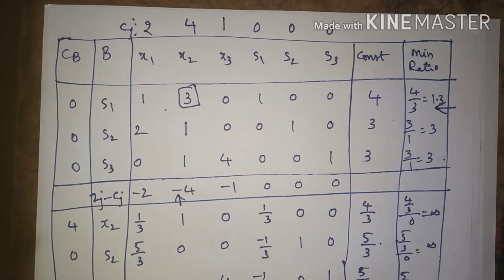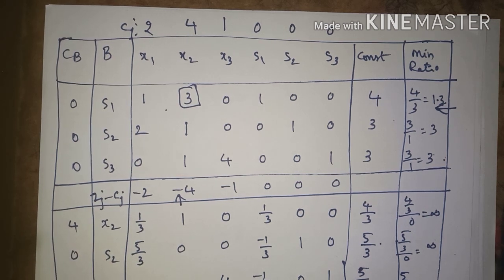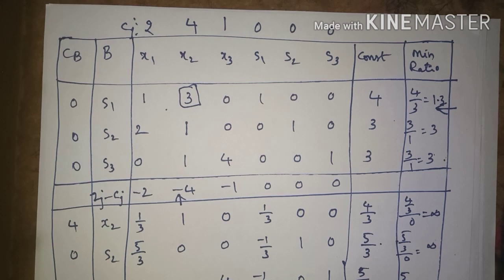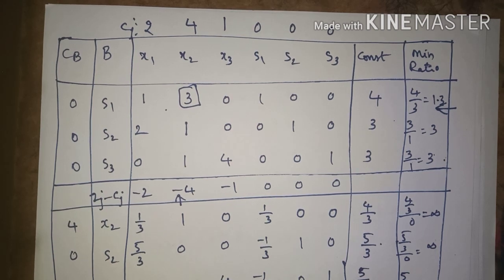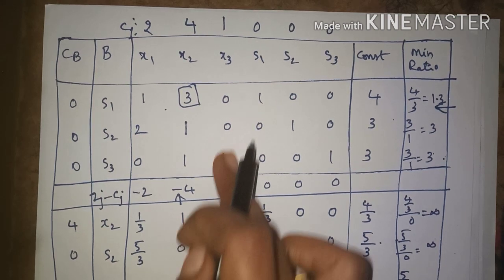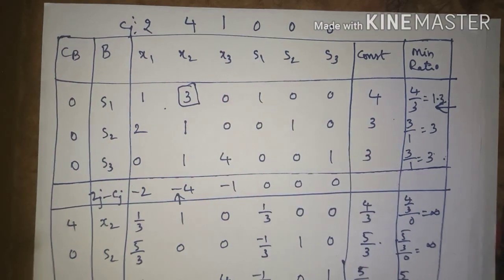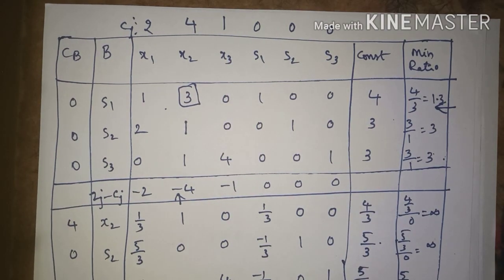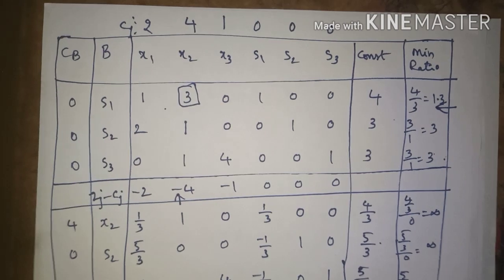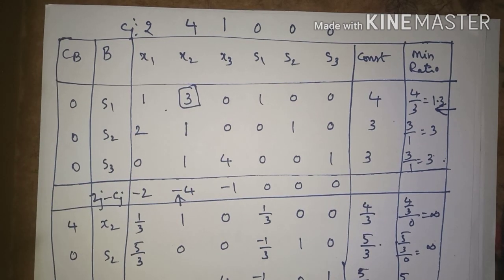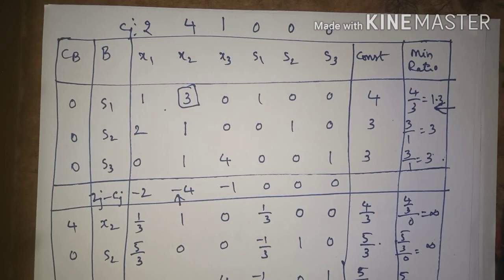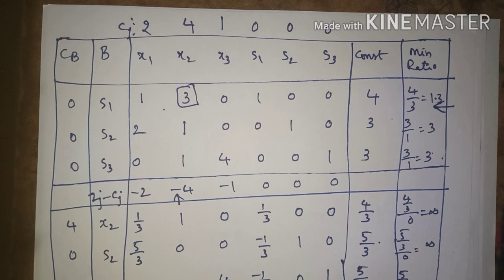Now the first two rows I will write as they are, 4 x2 and 0 s2. And x3 is entering the basis. Above x3, how much is there? 1 is there. I'll draw the lines like this.